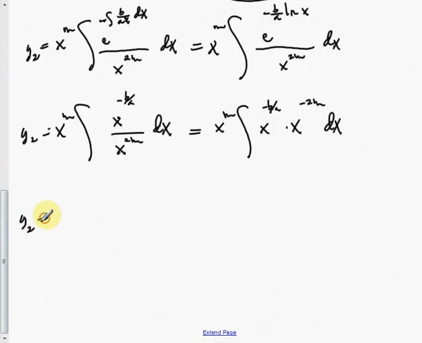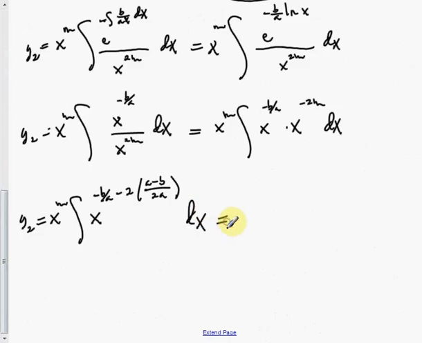So y sub 2 is equal to x to the m times the integral of x to the negative b over a, that's minus 2 times m, and m is a minus b all over 2a, dx. Simplify that if we can. This is x to the m times the integral of x to the negative b over a.